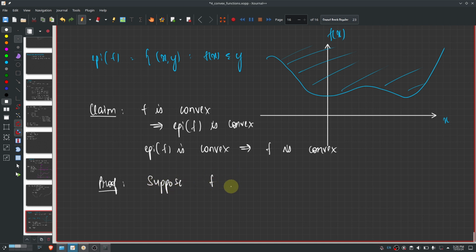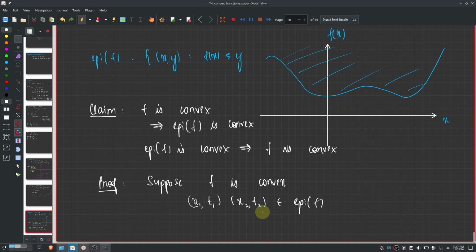So suppose that f is convex. Yeah, so you take any 2 points. You want to show that the epigraph is convex. Right? So you take any 2 points, x1 comma t1 and x2 comma t2, which belong to the epigraph of f.